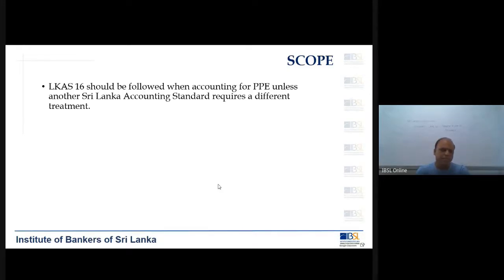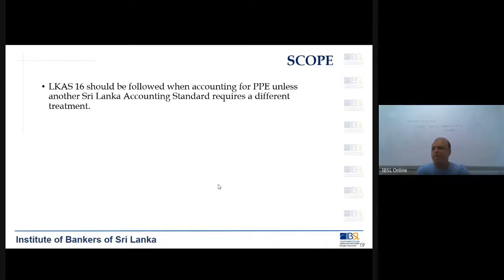Let's say something like this. You have tables, you have chairs. Tables and chairs, you know that both are fixed assets. Now the accounting standards body says that if you have chairs in your business, you have to use LKAS, let's say I'm just taking a number, LKAS 21. Of course, LKAS 21 is something different, we will look at it later.